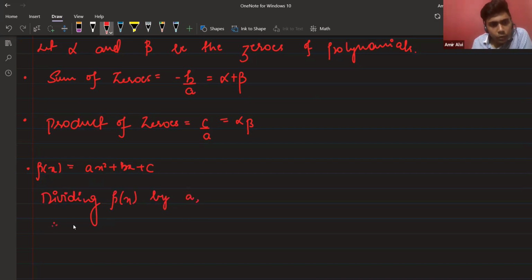So basically, what will you get? Px will be equal to x square, yes or no, Adil? Yes. And this will be equal to bx upon a plus c by a. Is that clear, Adil? Yes.